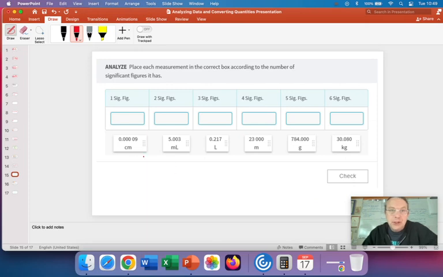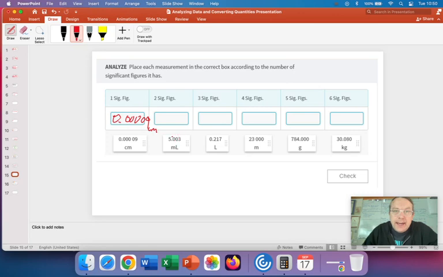Okay, so with those rules, let's place each measurement in the correct box according to the number of significant figures it has. So we would say all these zeros are leading zeros, 0.00009. So we would put that in this box. Centimeters.